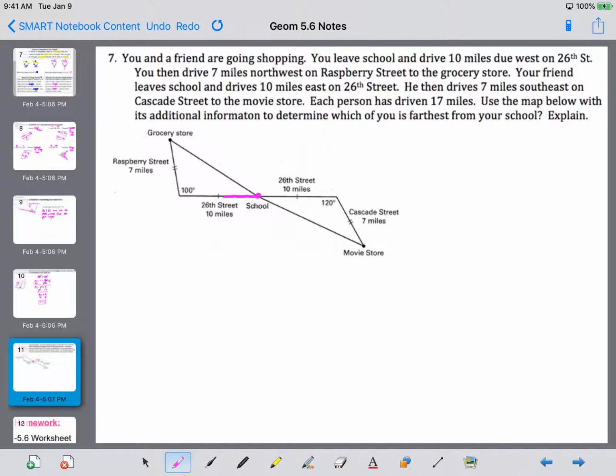This is your route right here. That's where you're going. And then you drive 7 miles northwest on Raspberry Street to the grocery store. So then you end up, this is where you are. I'm going to put you so we know who we're talking about.